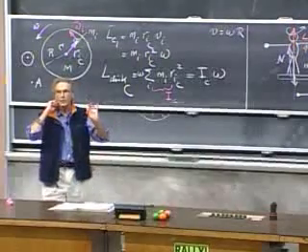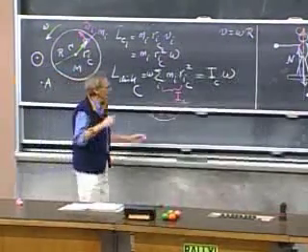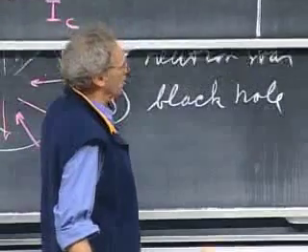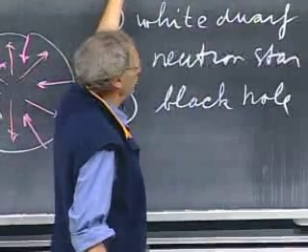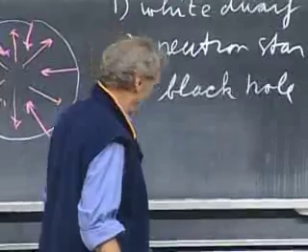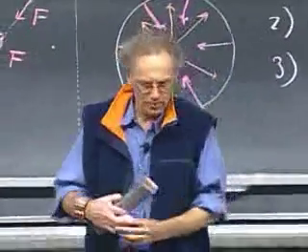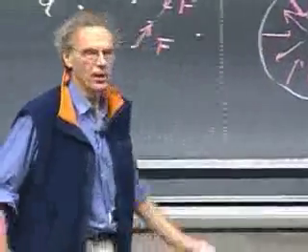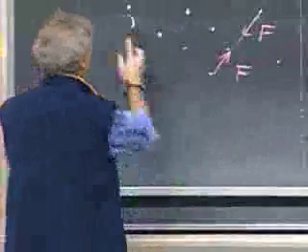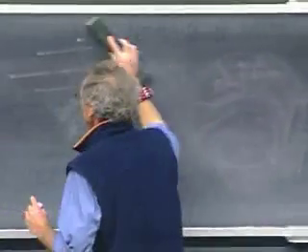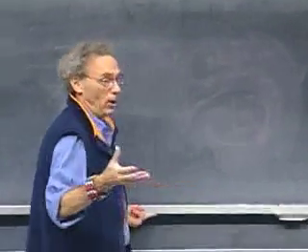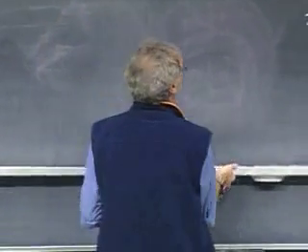I want to do a little bit of quantitative work on this, and I want to take an object like our sun, and I would like to collapse that object from its present radius, which is about 700,000 kilometers, to a neutron star with a radius of 10 kilometers, even though I told you that the sun will not become a neutron star.